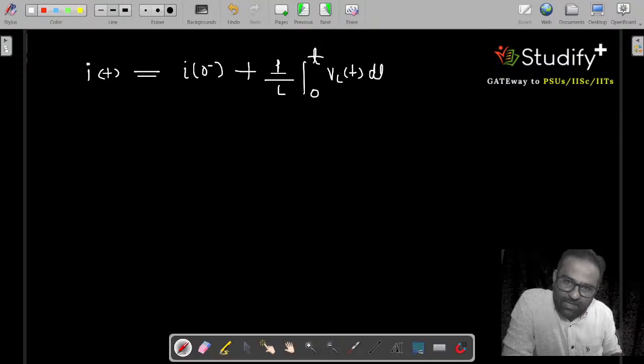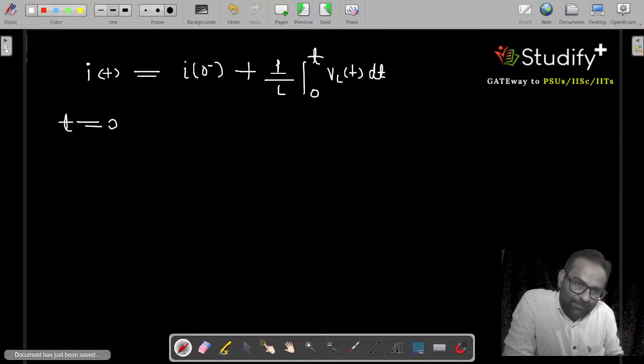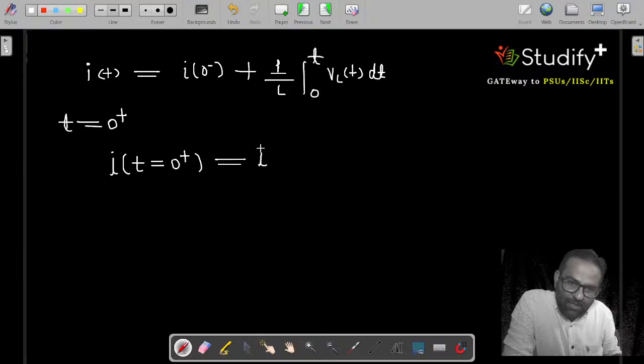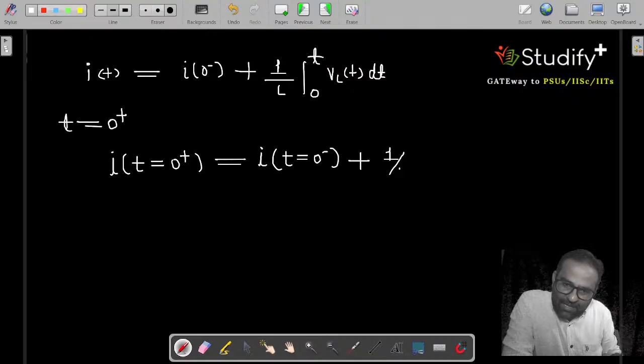Now let's say I am interested in the current at t = 0+. Then i(0+) equals i(0-) plus 1/L times the integral from 0 to 0+.